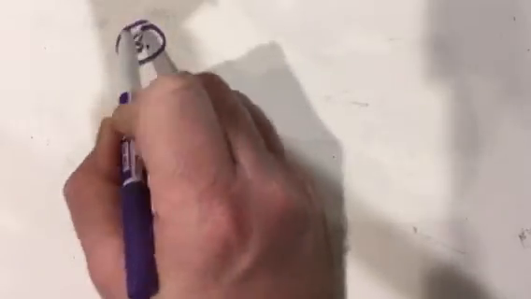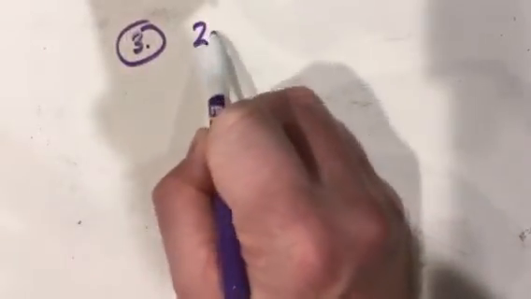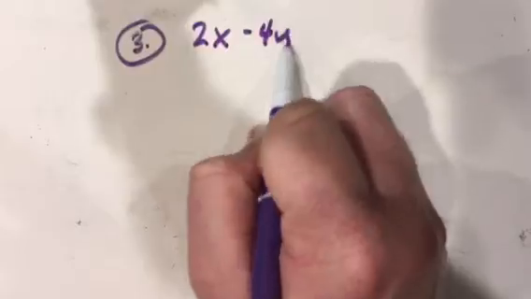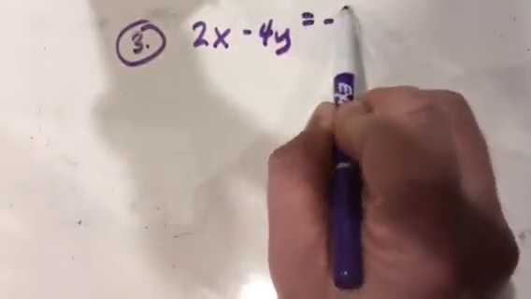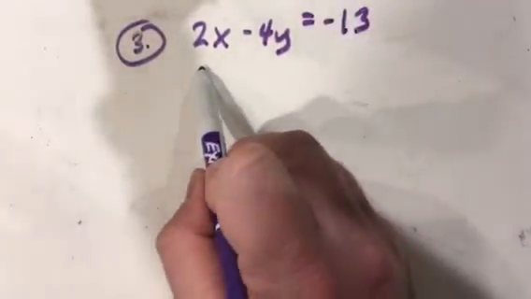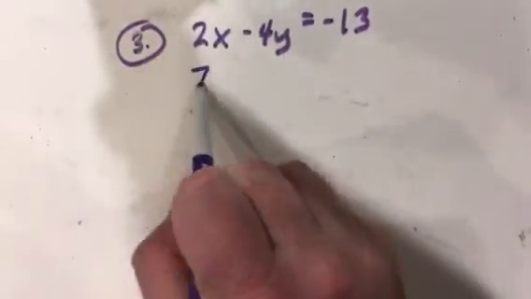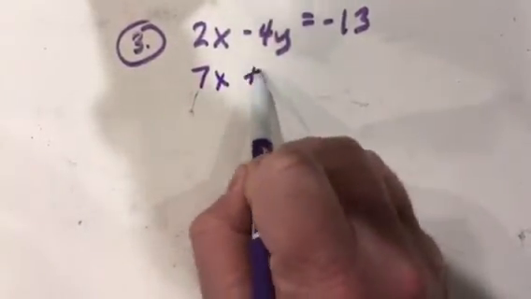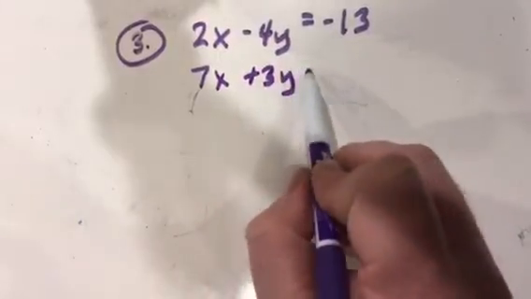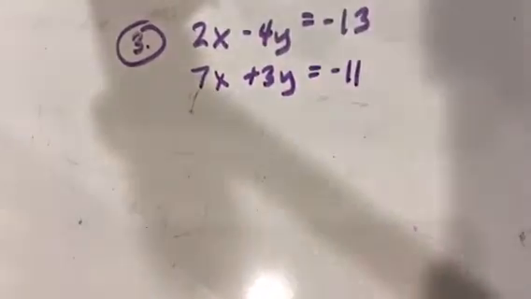Number 3 is the first time where we're going to have to use the multiplication, because if you look at the original system, there are no coefficients that are the exact same or that are exact opposites. So this is one where you need to decide what variable you want to get rid of.